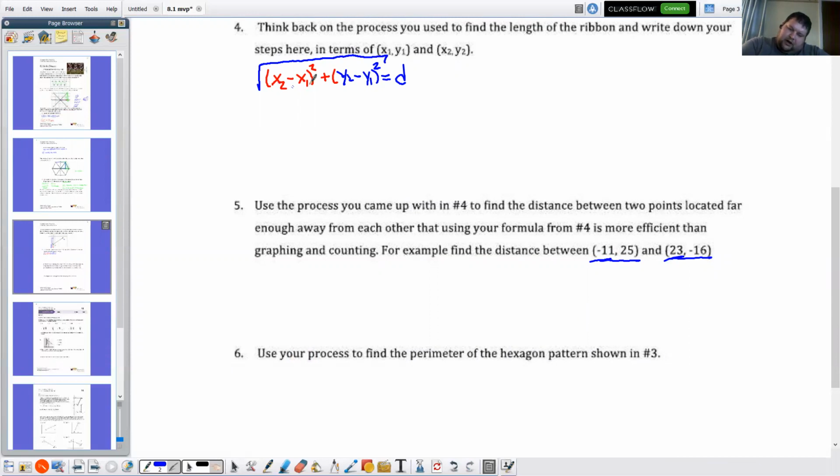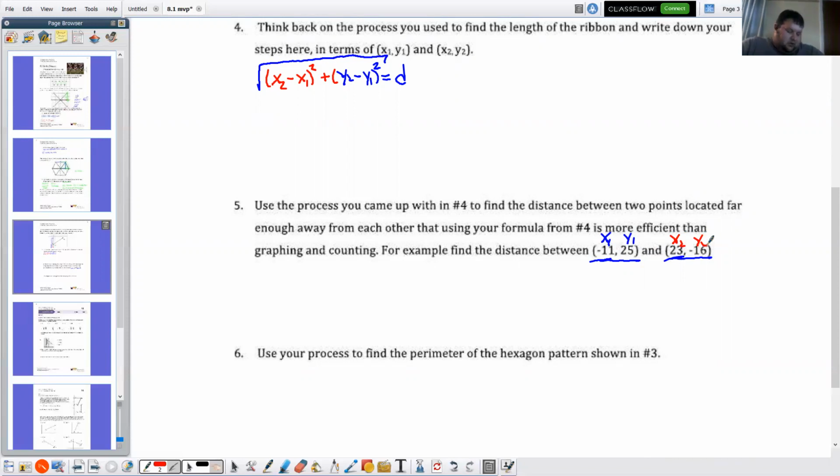So we're going to be using our x's and y's. Negative 11 is x1 and y1 is 25. Then we'll use x2 and y2.